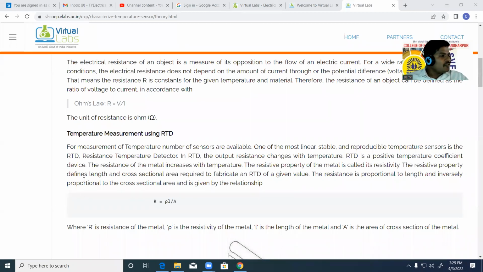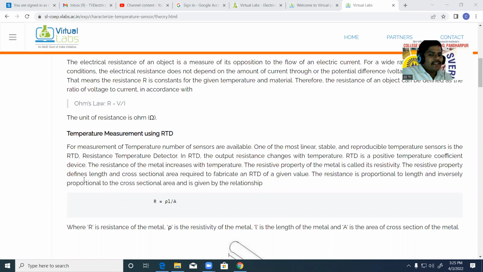The long form of RTD is resistance temperature detector. Or we can call it a temperature dependent resistor.